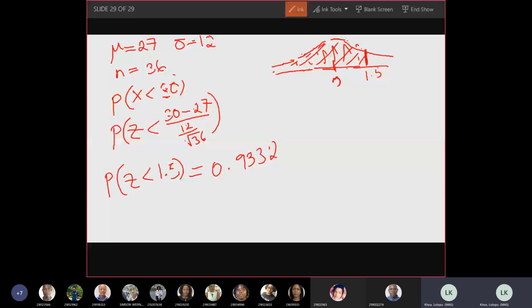Okay, so answering question B, it said find the probability that the mean age of one sample is less than 30 years old.